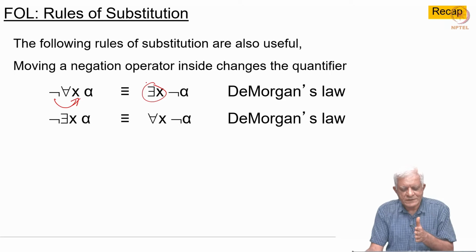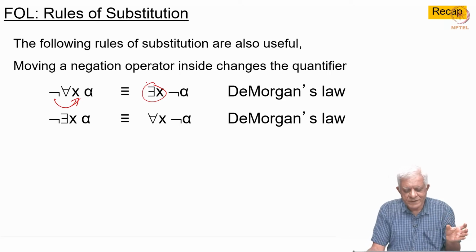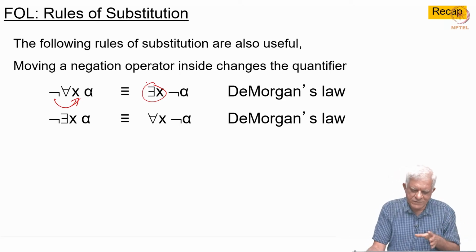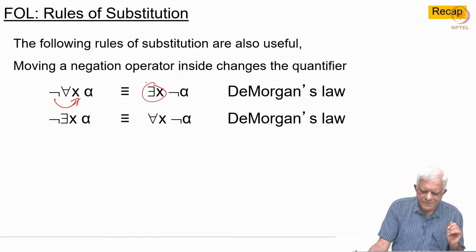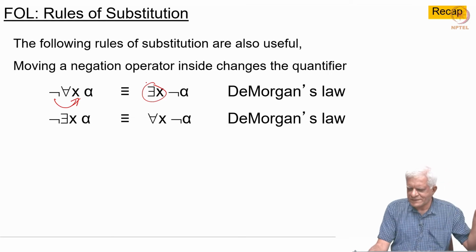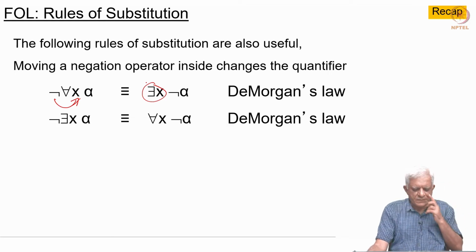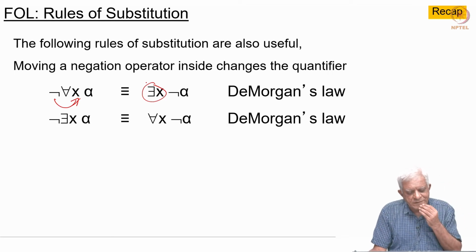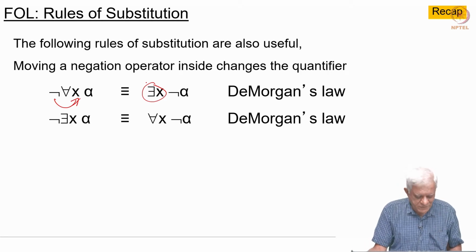So, when you move the not inside, the universal quantifier becomes existential, and the existential quantifier becomes universal essentially. And I had suggested to you that if you think of the universal quantifier as a very long and, it is true for the first element in the domain, second element, third element, you could think of it as a propositional formula. Then the De Morgan's law, you can see that it is doing the same thing here as well.